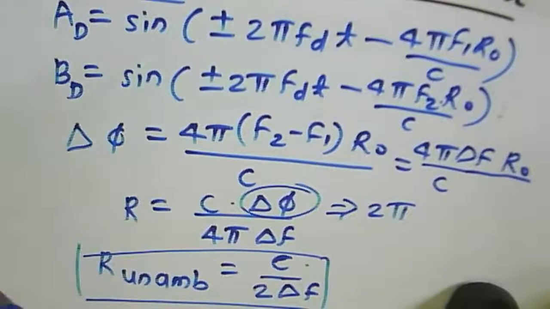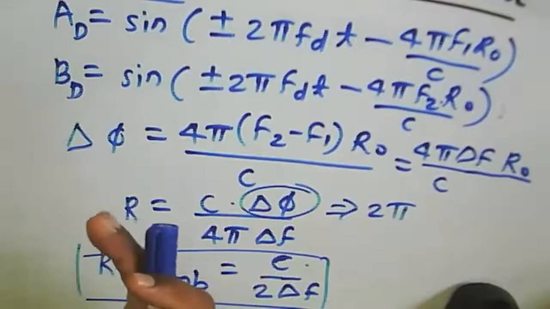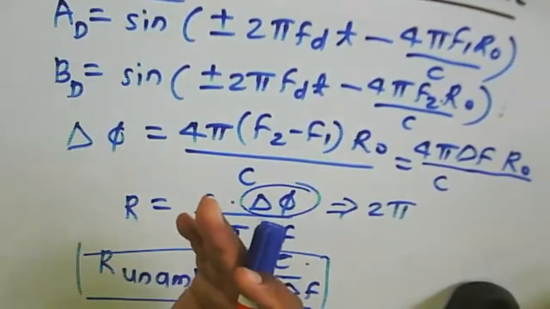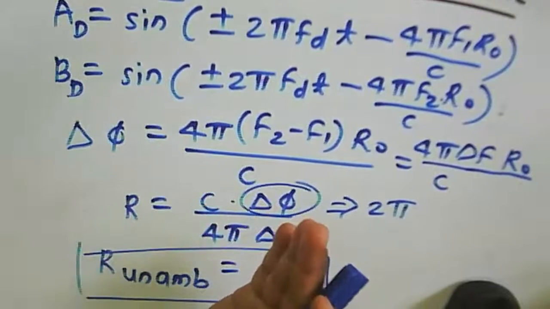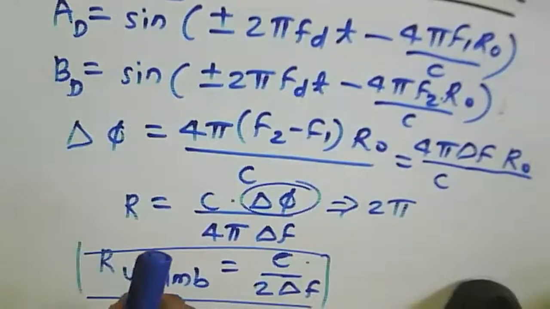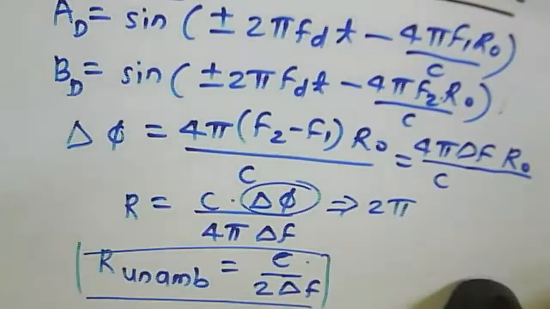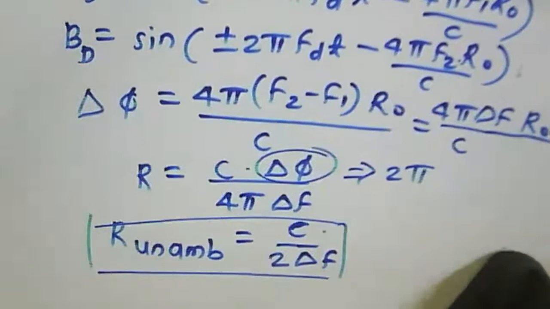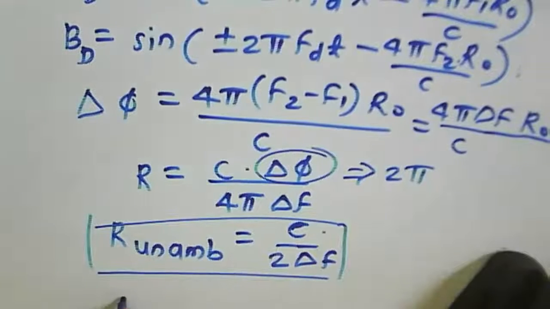And then in that particular case, if we want to find out the error in that range measurement, we can write the equation of the error for this range measurement.